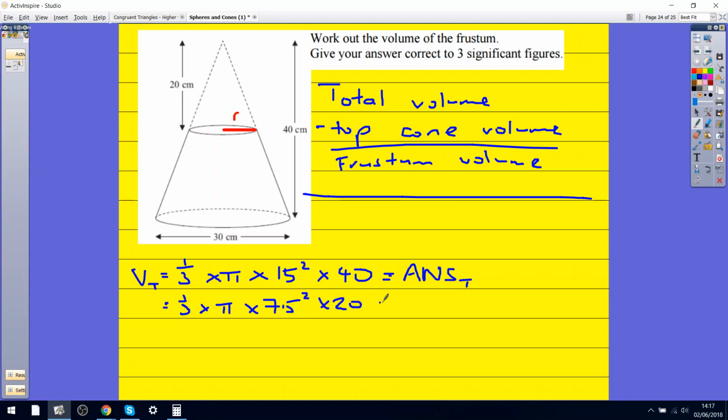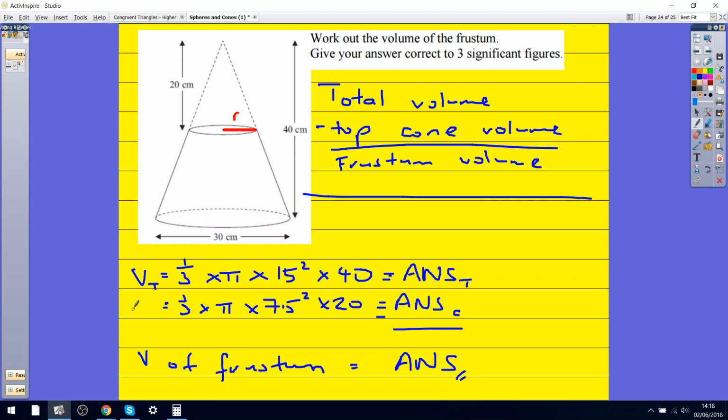Yeah. And that would give you the answer for the frustum. Okay. Any questions about that?